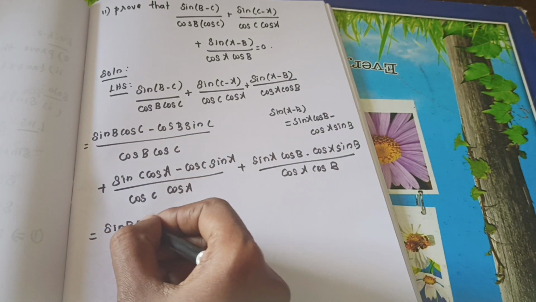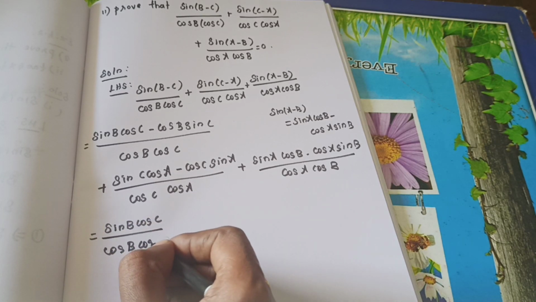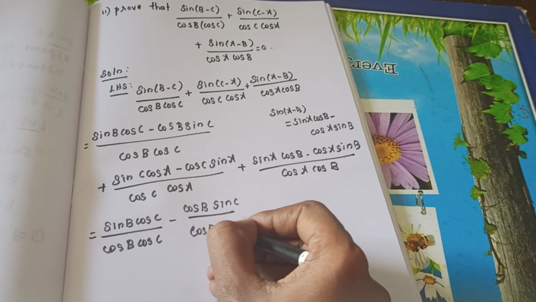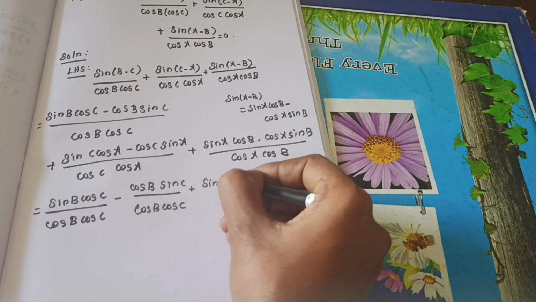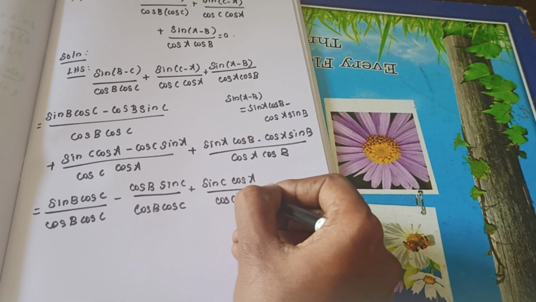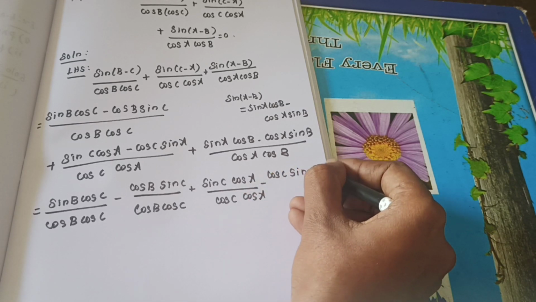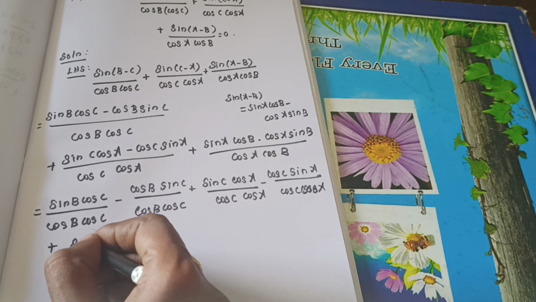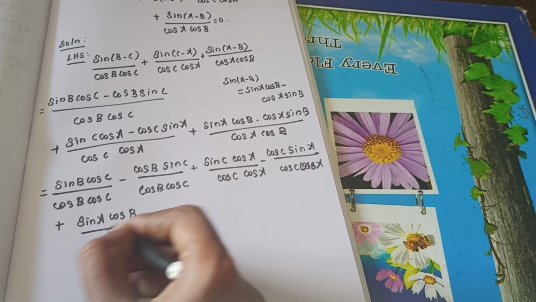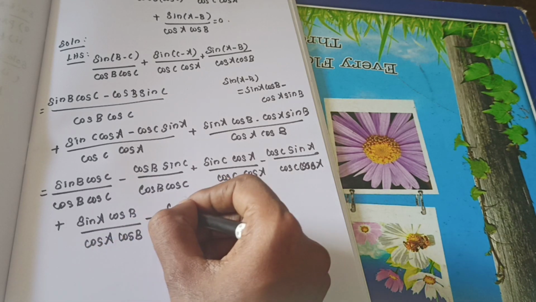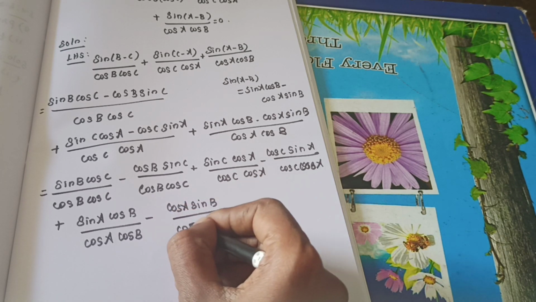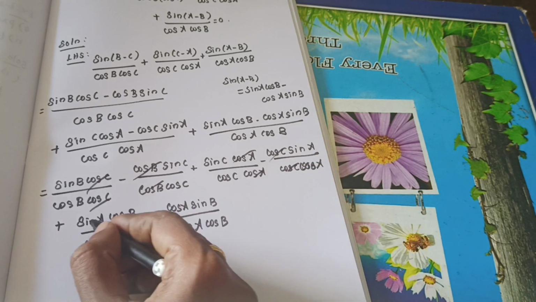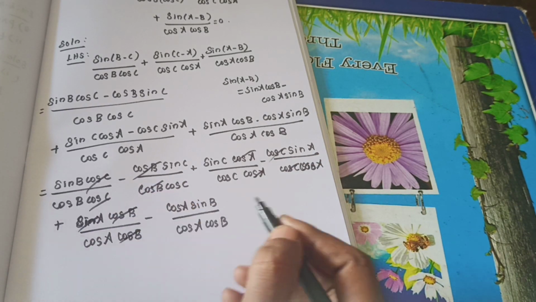Equal to sin B cos C divided by cos B cos C minus cos B sin C divided by cos B cos C, plus sin C cos A divided by cos C cos A minus cos C sin A divided by cos C cos A, plus sin A cos B divided by cos A cos B minus cos A sin B divided by cos A cos B. Cos C cancels, cos B, cos B, cos A, cos A.